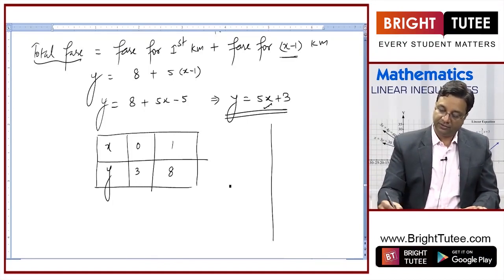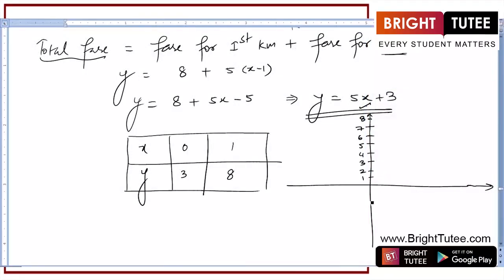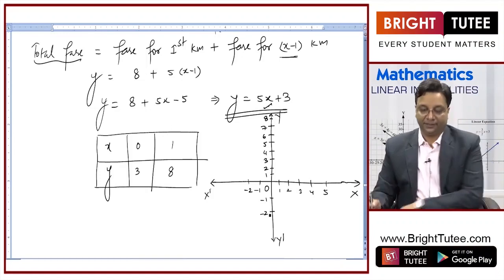Now the graph. This is y, y dash. This is x, this is x dash. Right? This is the negative side of the x-axis. This is the negative side of the y-axis.